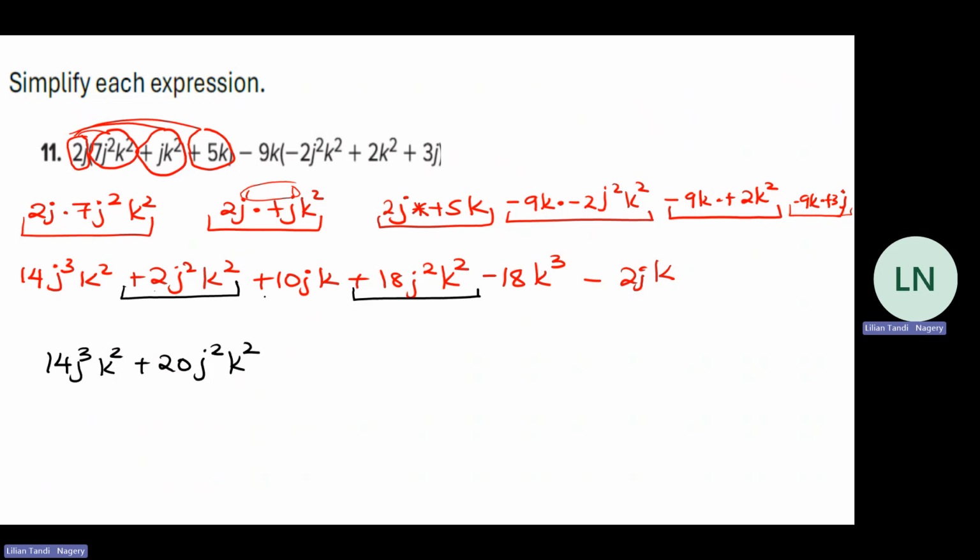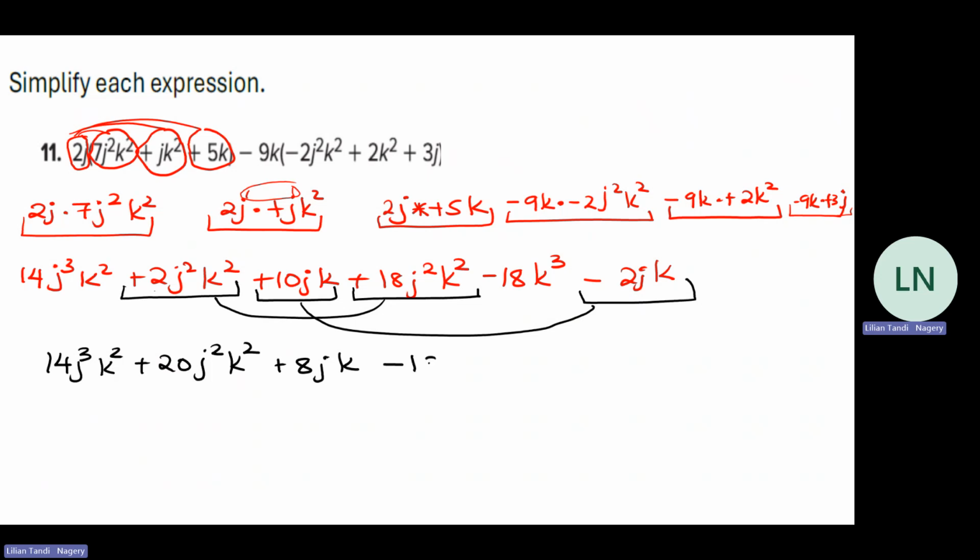Then, oh, there's other friends. Positive 10 is friends with negative 2. So positive 10 minus 2 is positive 8jk. Then negative 18k cubed. Okay.